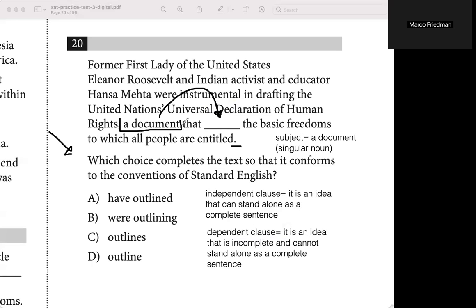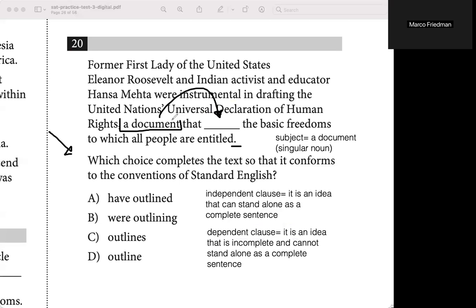Now, we have here in between the space and the subject, the relative pronoun that. Which means that this here is what we call a relative clause, okay? So if we use a relative pronoun, that means that this clause is going to be describing the subject. It's going to give us additional information about this noun or pronoun.